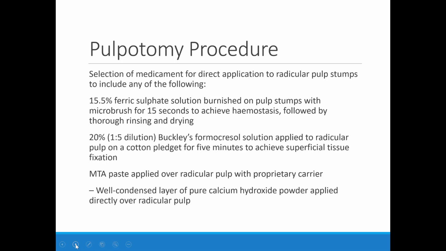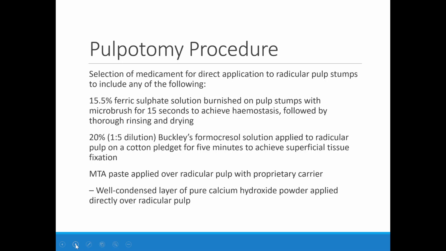So, what can we use for direct application to radicular pulp stumps? We can use 15.5% ferric sulfate solution burnished on the pulp stumps with a microbrush for 15 seconds to achieve hemostasis, followed by thorough rinsing and drying.